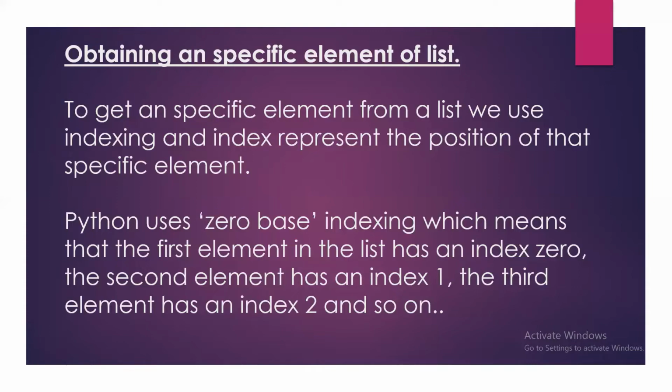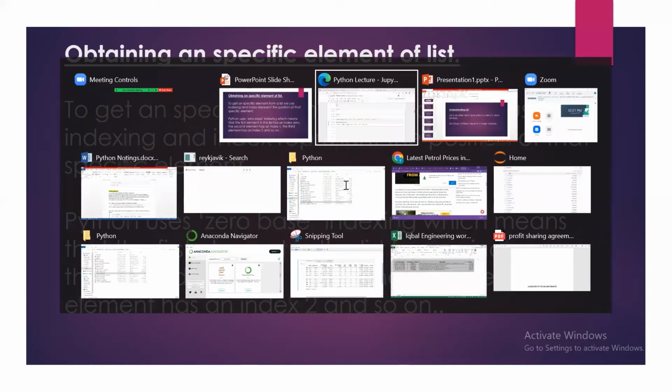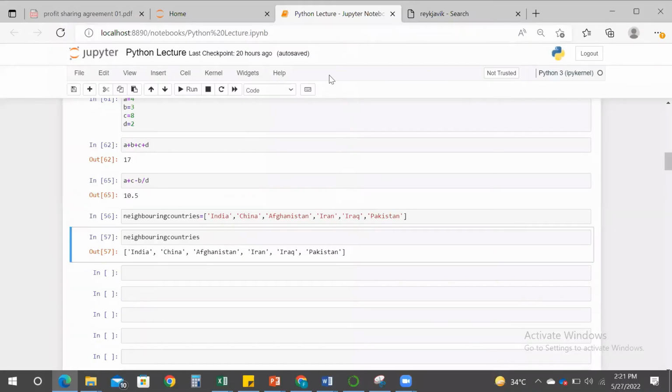So let's go back to the Python Jupyter Notebook. We are back on Python. So what if I want only the name of Afghanistan from the list? I can do this by using indexing.